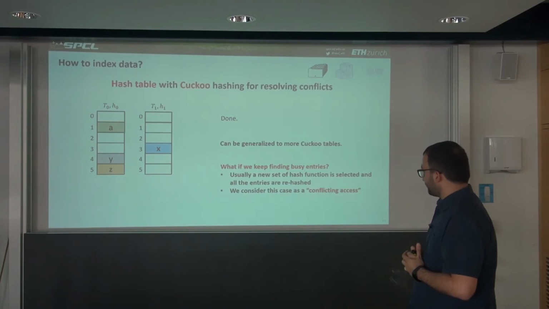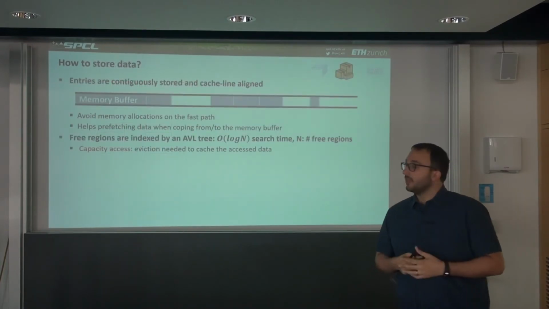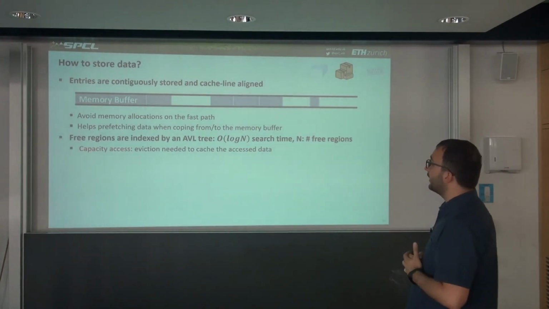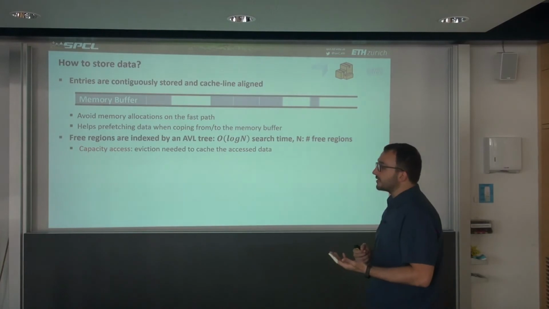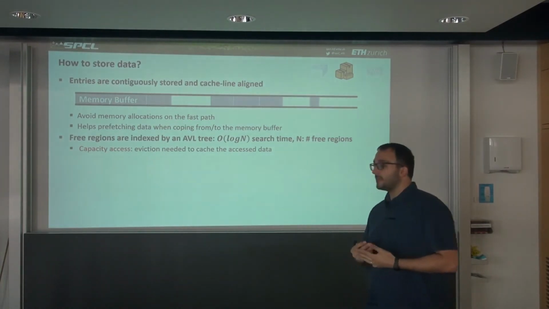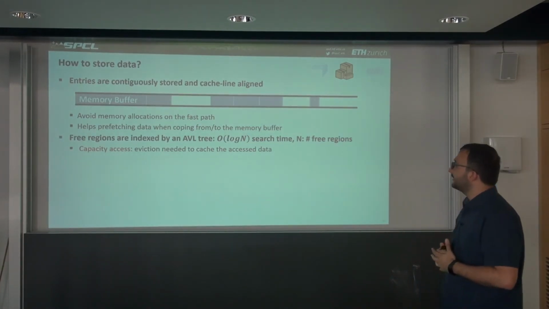Okay, so the second step is how do we store the data? In order to store the data, we use a memory buffer. This is just a contiguous area of memory, and this allows us to avoid memory allocations on the fast path, and it also helps prefetching because we keep the data cache line aligned.